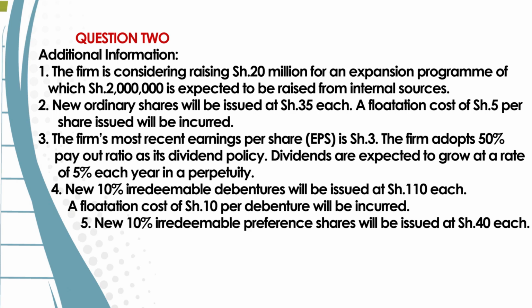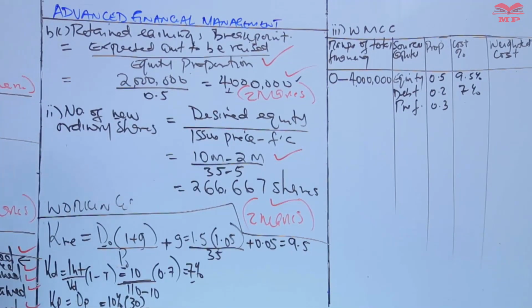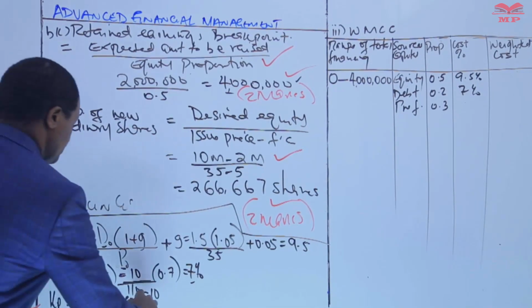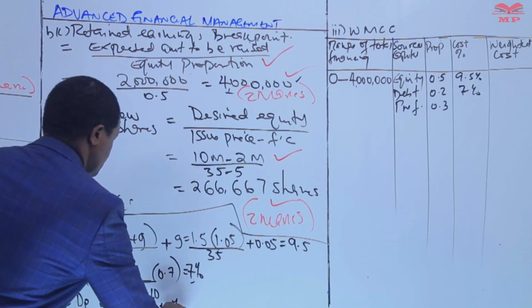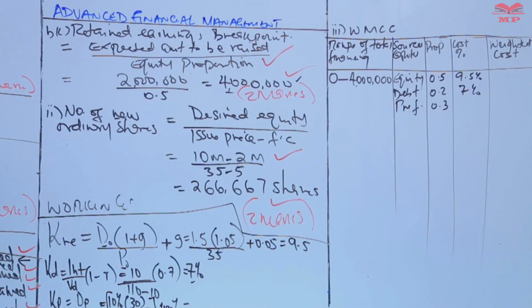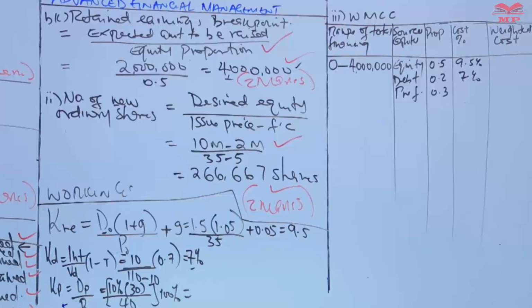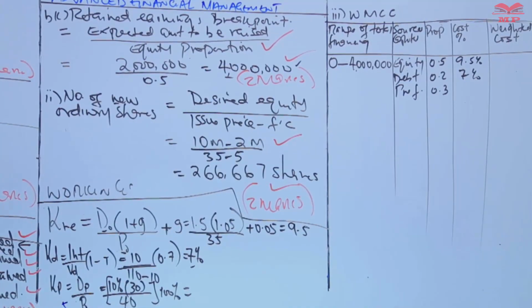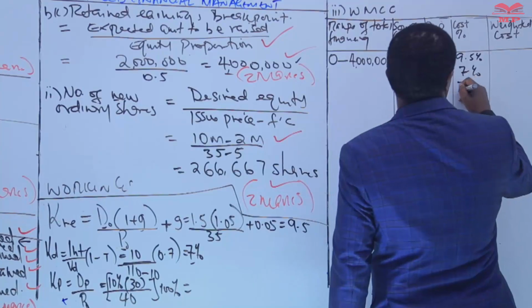That is the market value of that preference share. So this, multiplied by 100, will give us the cost of preference. How much is it? 7.75? Yes, 7.75, correct.